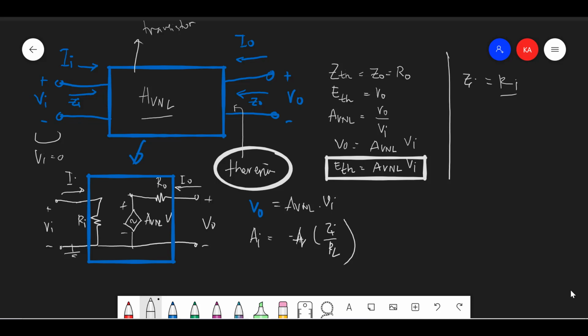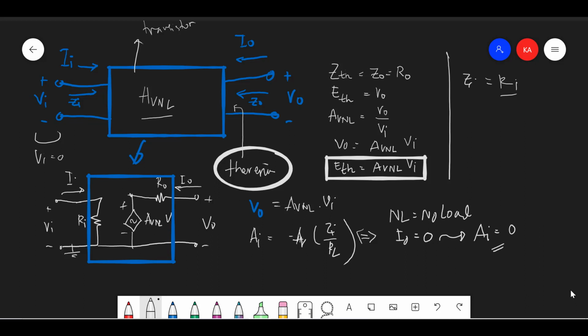So IO is equal to 0. So if no load, IO is equal to 0, which means that AI is also equal to 0 here. But if we connect the load, we can get that AI is determined by ZI and also RL.